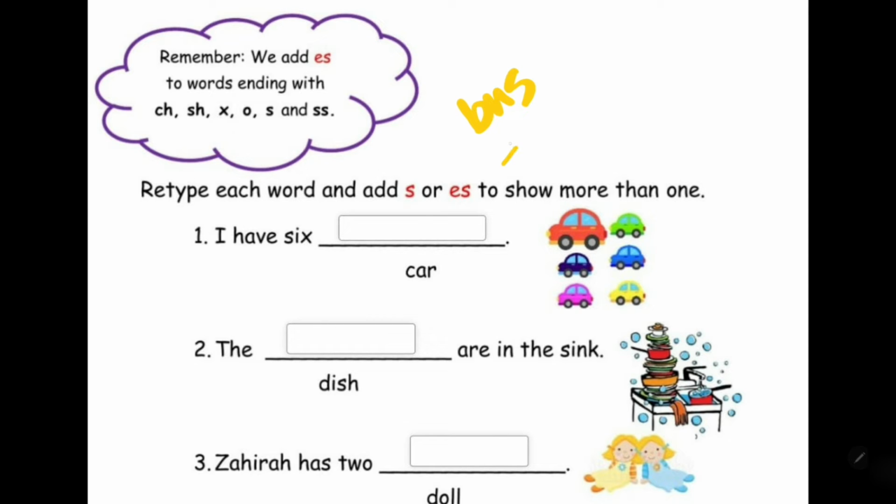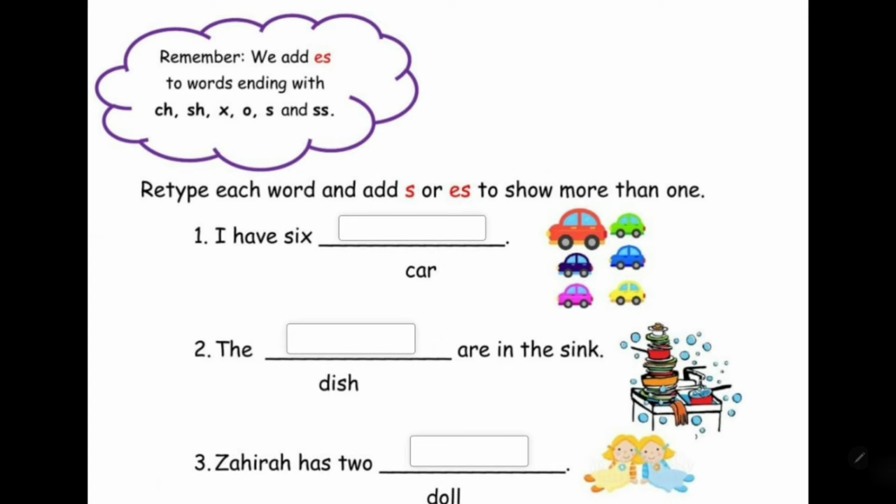There are many buses. So the rule is like this. Now coming to double s. What are the words you know? Dress, chase. So when we write many, meaning plural, we will write dresses.